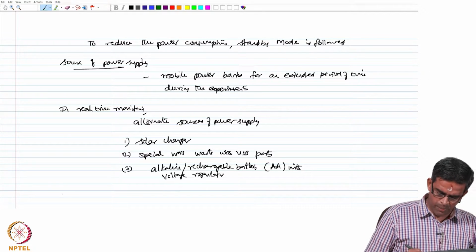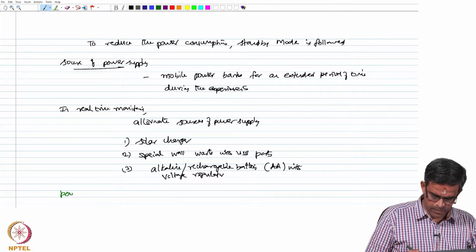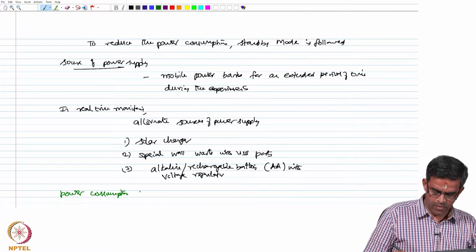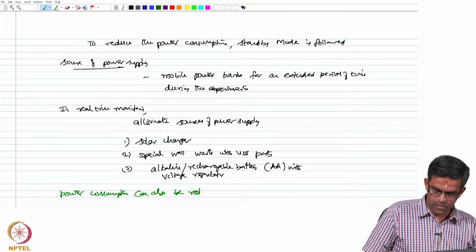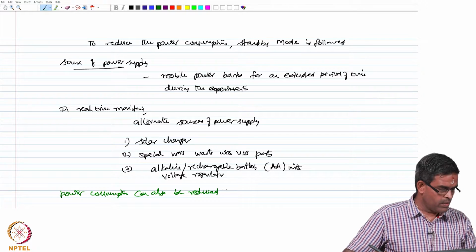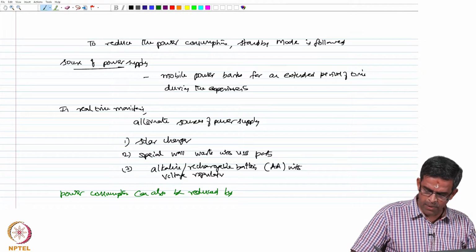You can also reduce the power consumption by decreasing the number of samples.